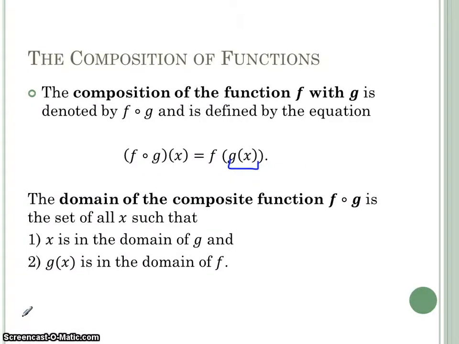Because if something doesn't work for g, we have to exclude it from f of g. And then you also look at, all right, what works within that simplified f of g. So we have to look at which values here, our g of x, actually work in the domain for f. So that's where it gets slightly odd, but you've got to worry about your domain in two different places here instead of just overall.